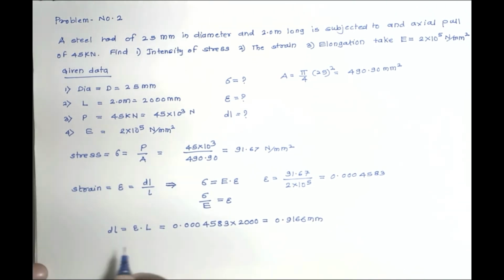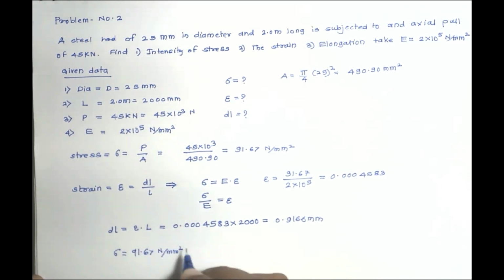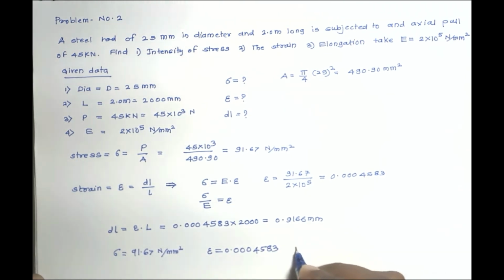So you got the value of sigma as 91.67 Newton per millimeter square, you got the value of strain as 0.000458, and you got the value of change in length as 0.9166 millimeter. So next problem we will continue in the next part.